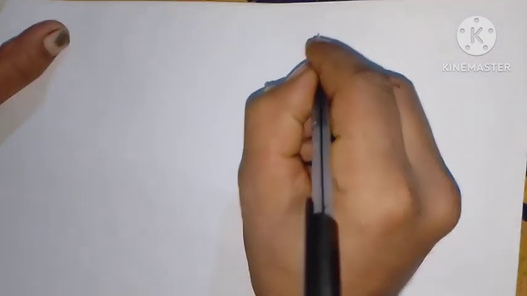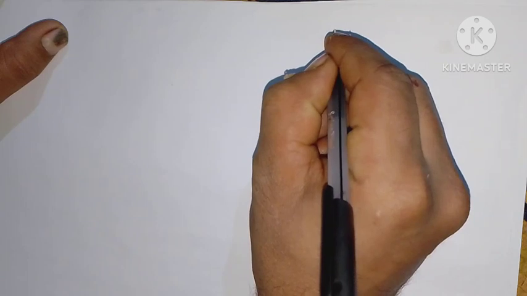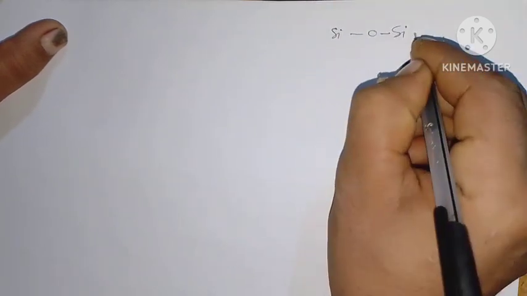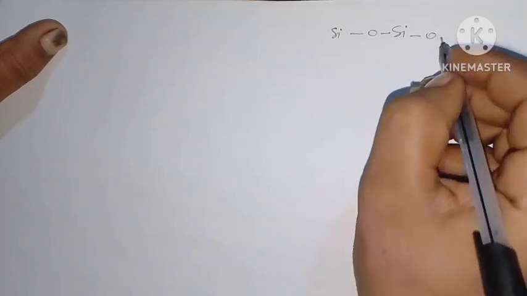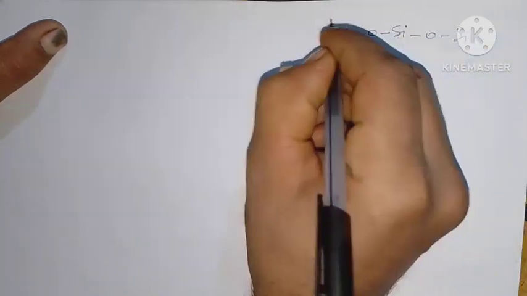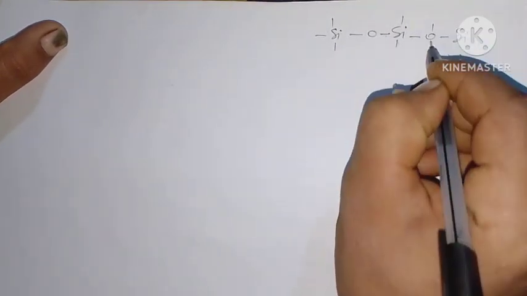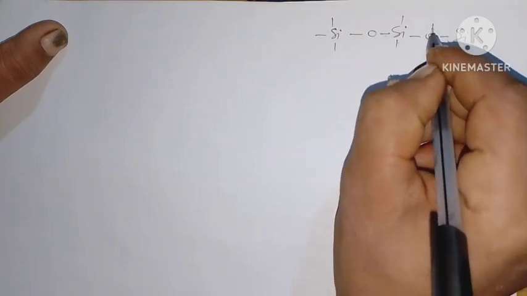Okay, structure. How to create the structure? One minute. Okay, you may relate: this is the silicon, oxygen, silicon, oxygen, silicon. Silicon has 1, 2, 3, 4 bonds.